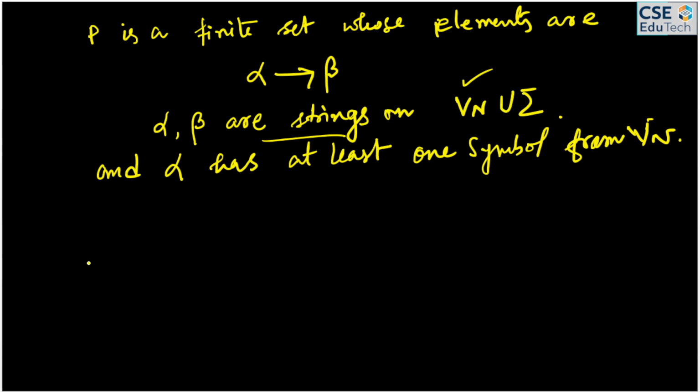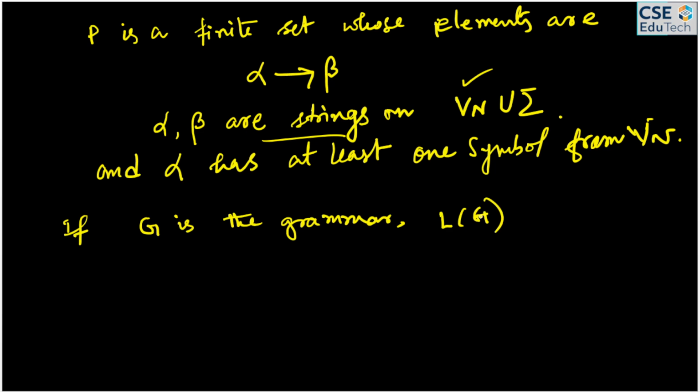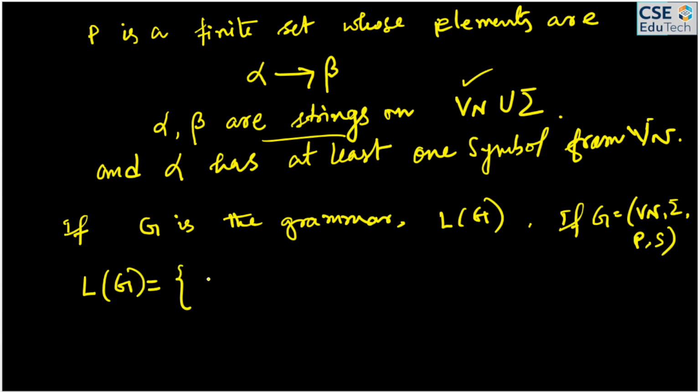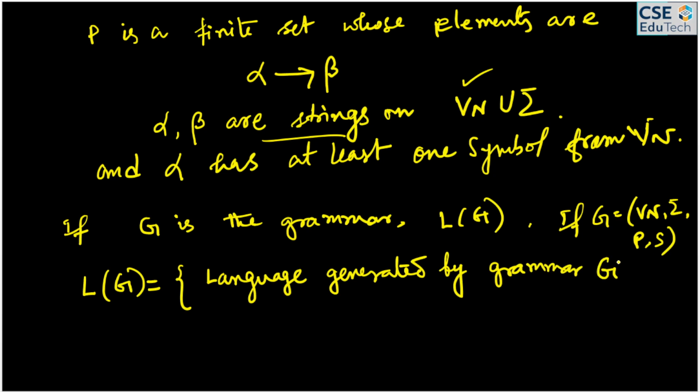So how can we define it? If G is the grammar, and obviously L of G is the language generated by this grammar G, and if G is defined by these symbols Vn, sigma, P and S, then we can read it as the language generated by grammar G.